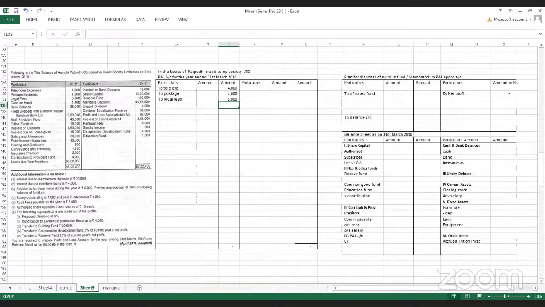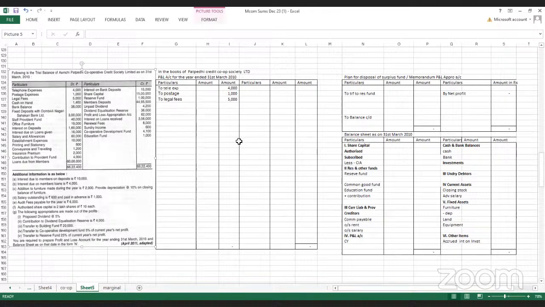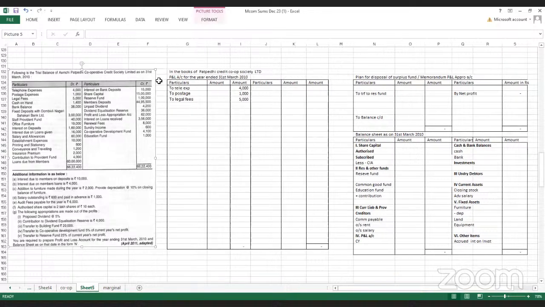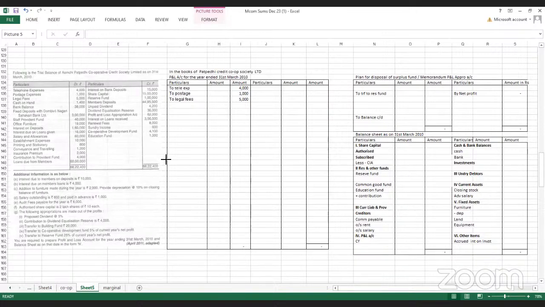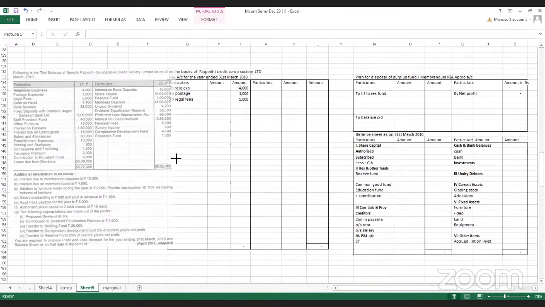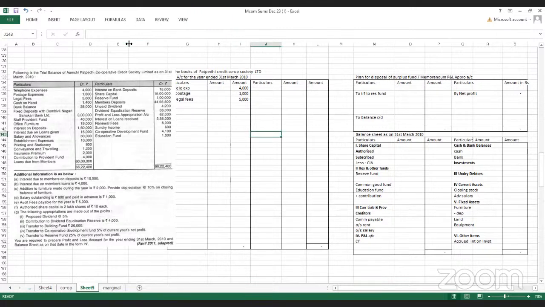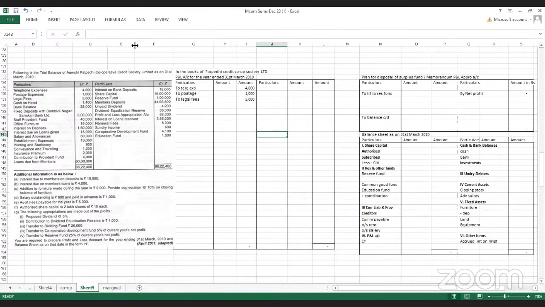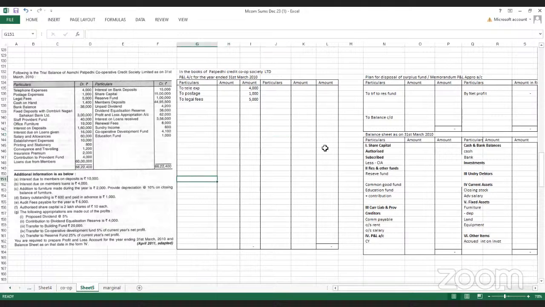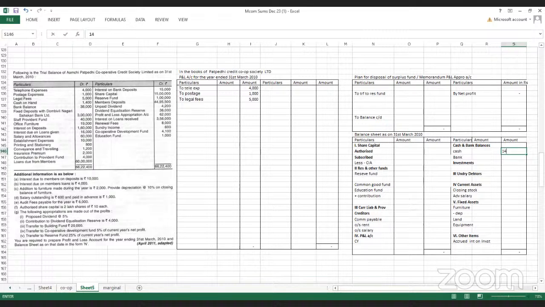Then cash on hand on the asset side, very first item. We'll directly put in outer column. So cash on hand is 1,400. Then bank balance 38,000.